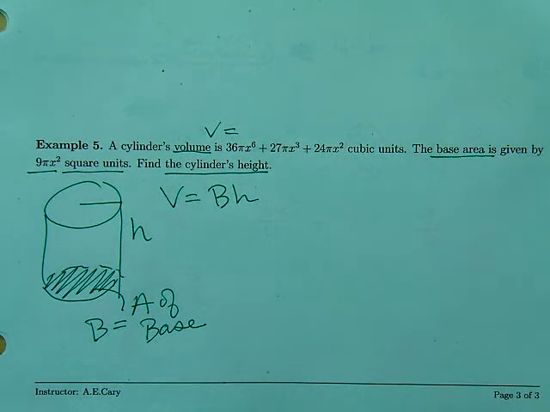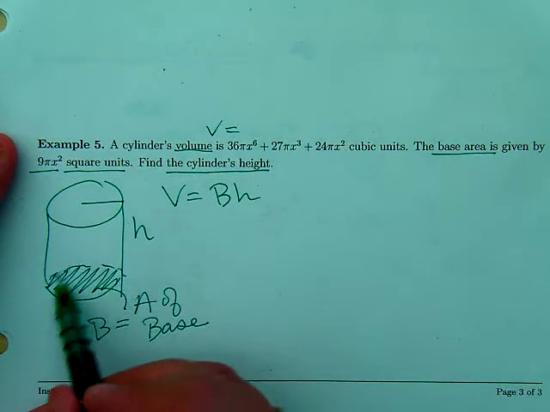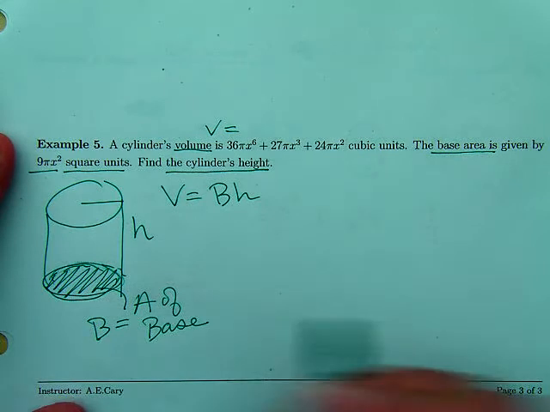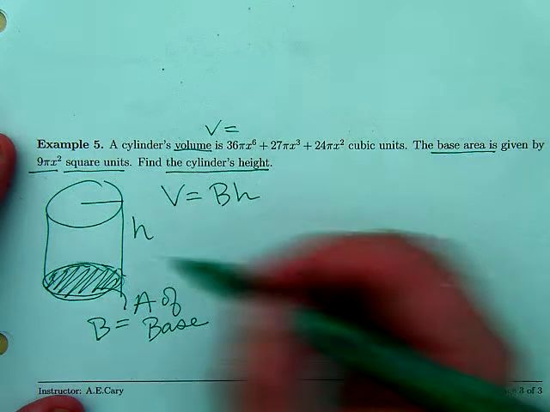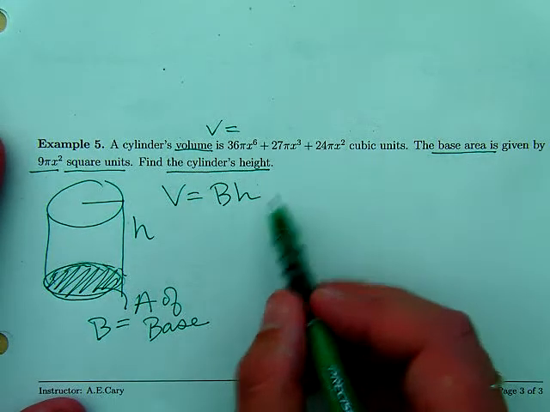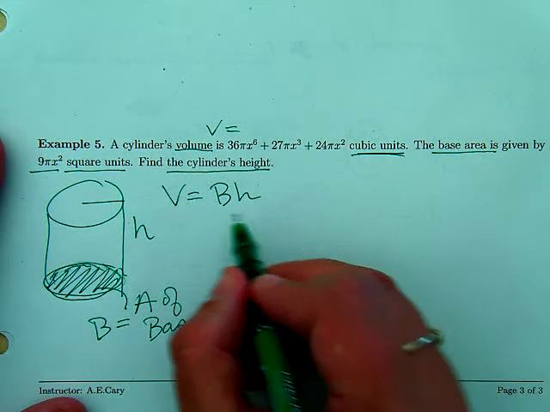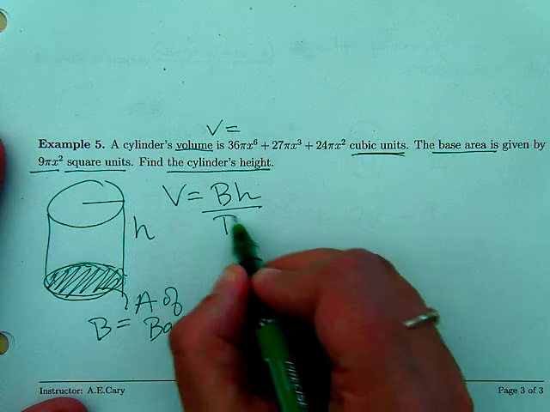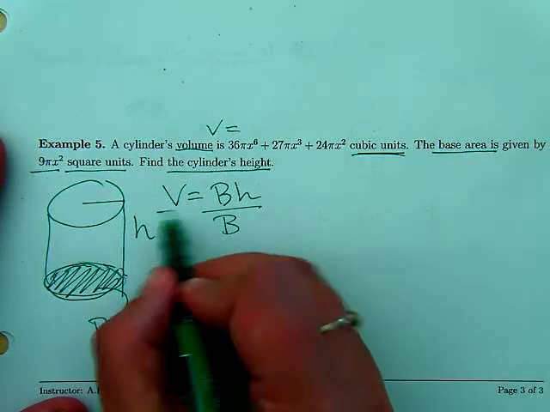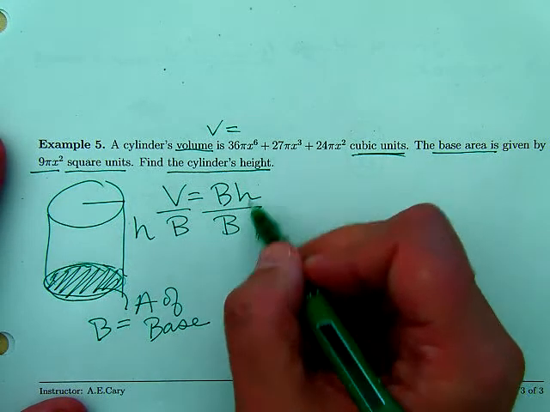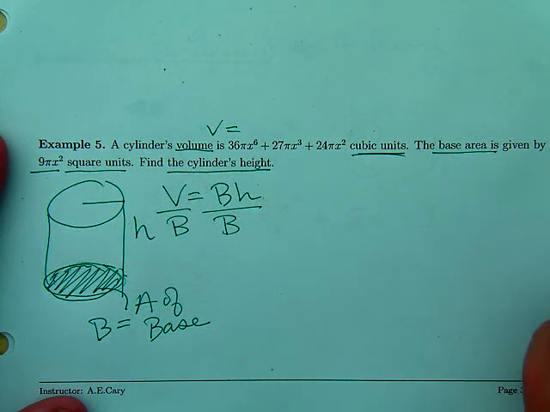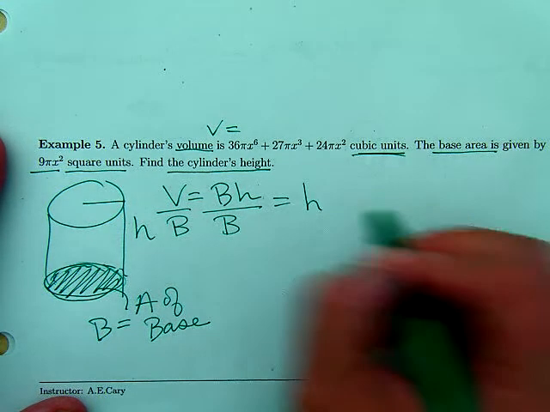The height is not being squared, but the area will be in square units, and when you multiply by another unit, it becomes cubed, right? So the area of the circular base times the height gives you cubic units. So if I divide the volume by the area of the base, what's going to be left? The height. That's how I'll get h.